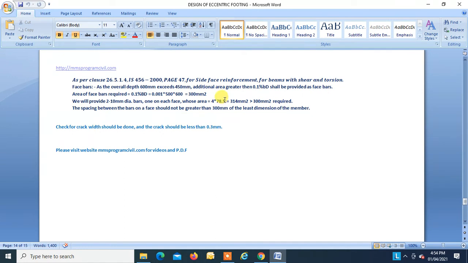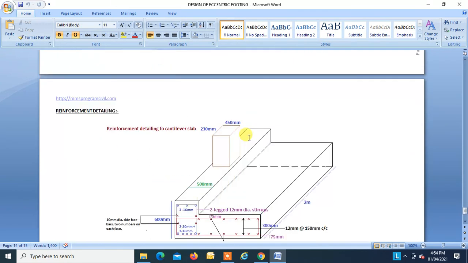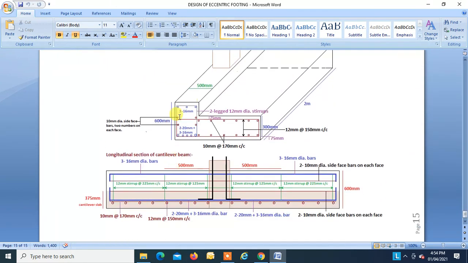So we are providing total four number of 10 dia bars. The area of 10 mm dia bar is 78.5 into 4 is 314, which is greater than 300 mm square. So we are providing more than this, so it is okay, right? So this is how we provide face bars. Please remember, the spacing between these bars should not be greater than 300 mm or least dimension of the beam. The least dimension of the beam is 500.